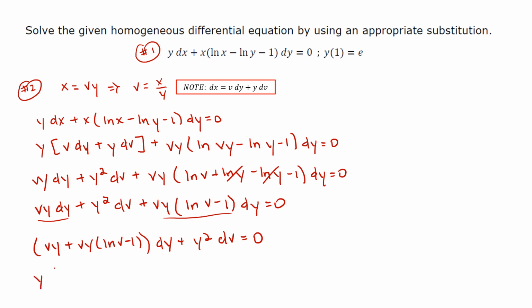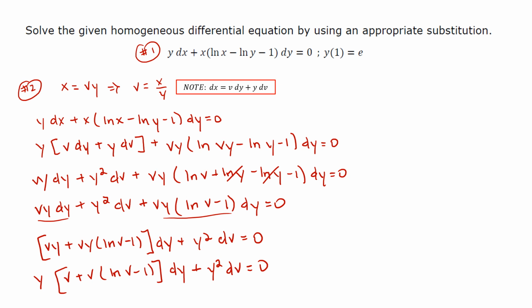So y times v plus v, natural log v minus 1. Let's make those brackets just so that you can see it a little clearer. Okay, dy plus y squared dv equals 0.